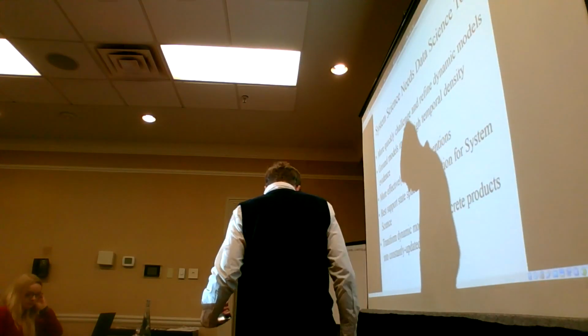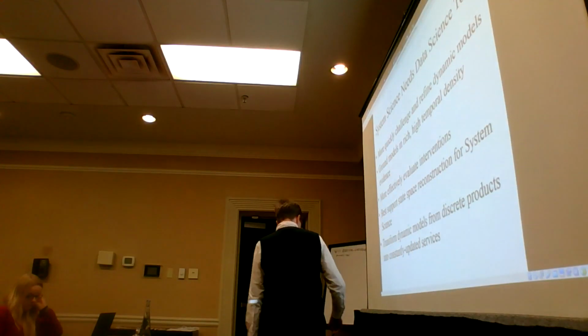So why is this? Well, system science needs data science to more quickly challenge and refine dynamic models. We build models that are tools for learning, and it's a humbling thing, but the way we learn is to challenge those models with data. If the model proves inadequate to characterize what we observe from the world, it's not a failure.